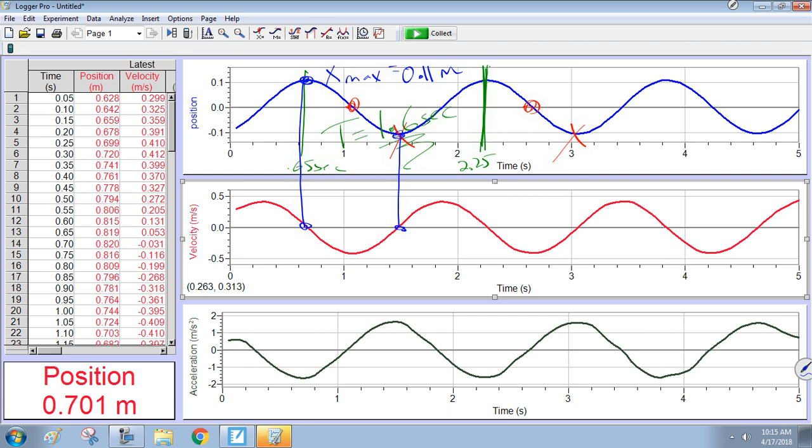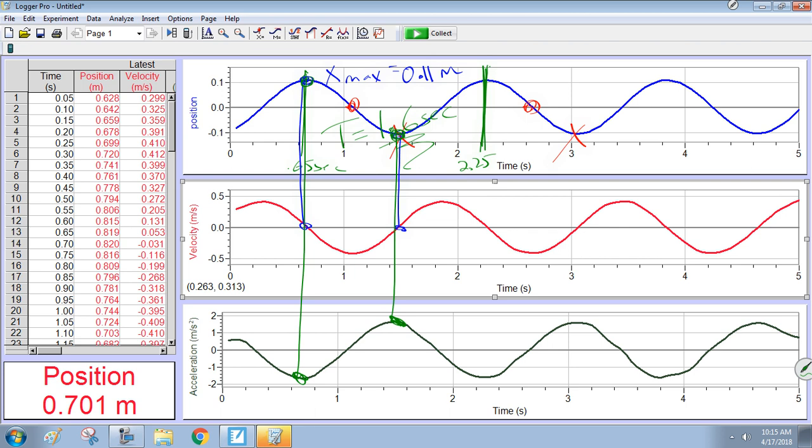So look. Maximum position, maximum acceleration, right? Maximum but negative. Same thing here. Minimum position, maximum acceleration. Cool? Yes. Is that a position of 0, is the force of the spring or the force of gravity?